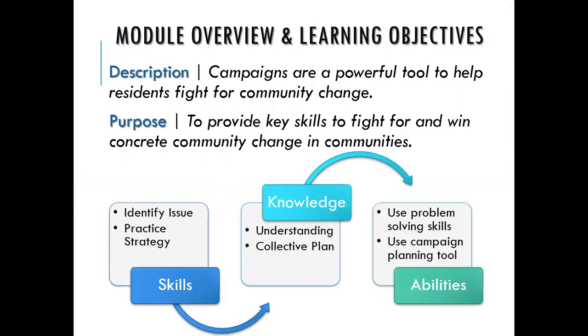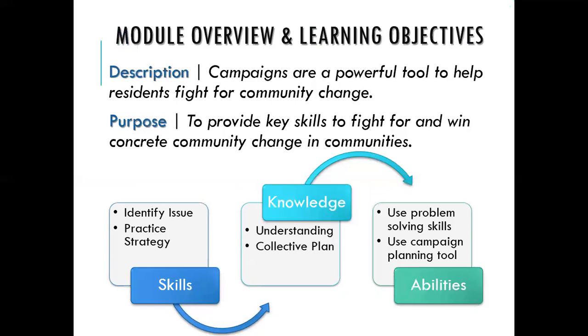The learning objectives laid out here are really around skills, knowledge, and developing those abilities. The skill to identify issues, to look around and see what's important to the collective community across the generations, to be able to be confident and practice the strategy, and then to understand and create that collective plan with many voices in the room.